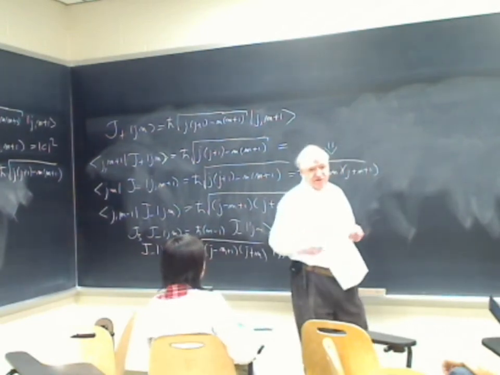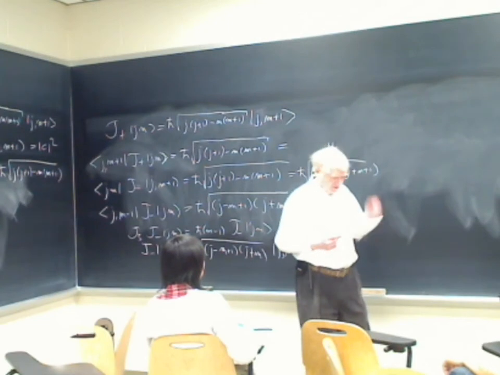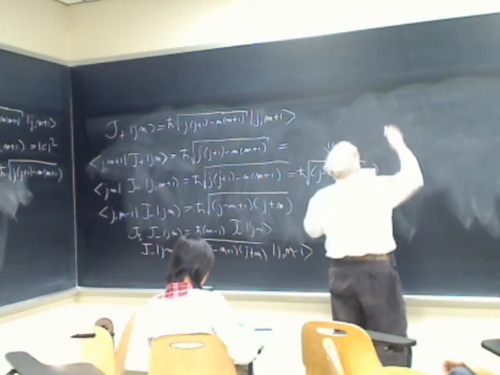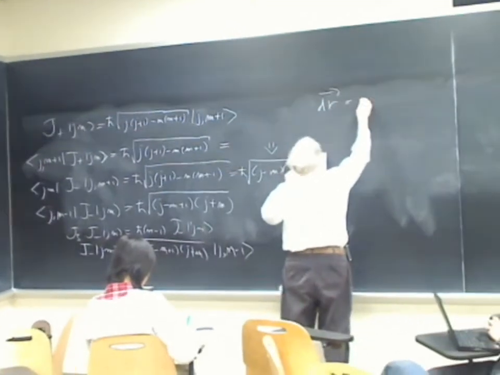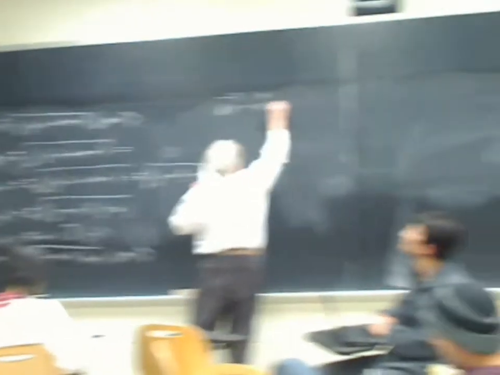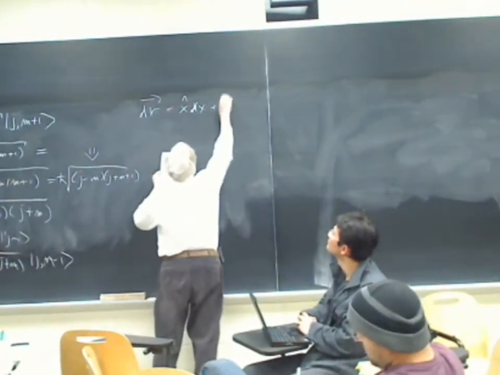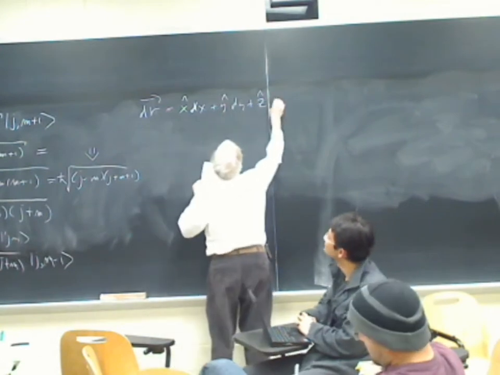And of course, what we want is to use spherical coordinates. A change in position, dr, in rectangular coordinates is x hat dx plus y hat dy plus z hat dz.